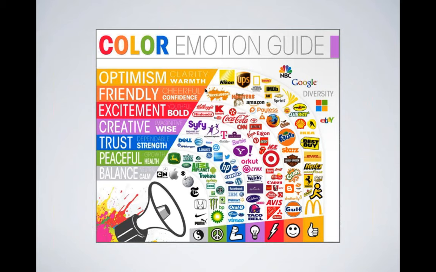So even looking at the examples here, blue is Dell Computers, JP Morgan, General Electric, Walmart, whereas purple gives a more fun, lighthearted impression. So it's Barbie and Yahoo and Sci-Fi Channel and Taco Bell.